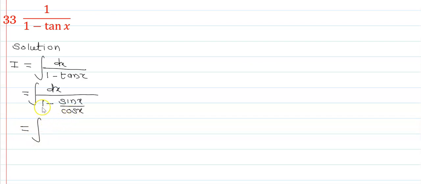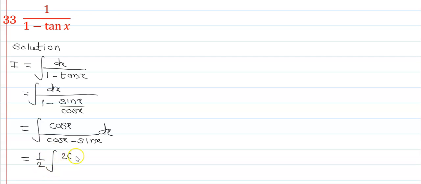This is the 1 into cos x is cos x minus sin x upon cos x, and that multiplied, it will be the reciprocal. You will get here cos x upon cos x minus sin x into dx.